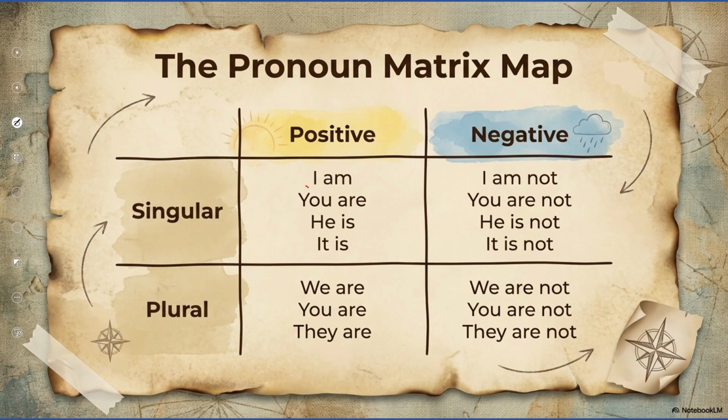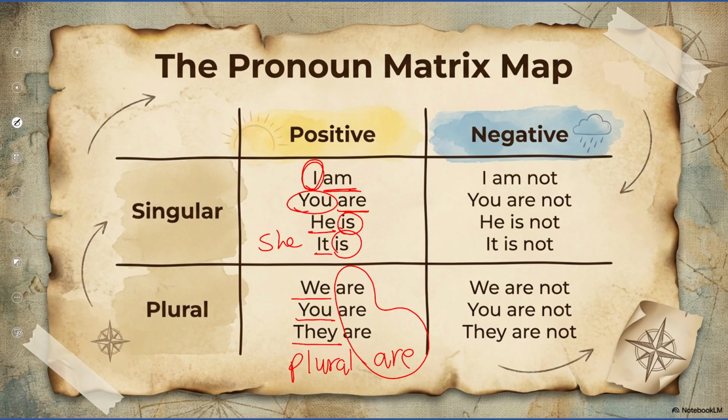If it is I, you have to add am with it. If it is you, you have to write are with it. If it is he, it, or she, you always have to use is with it. With we, you, they, and plural, you have to add are with all of these pronouns.